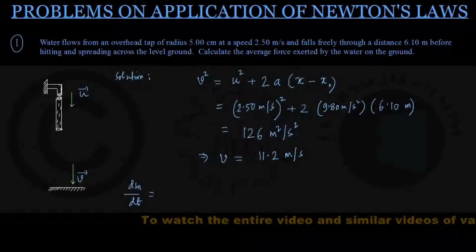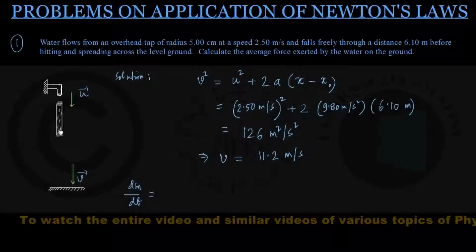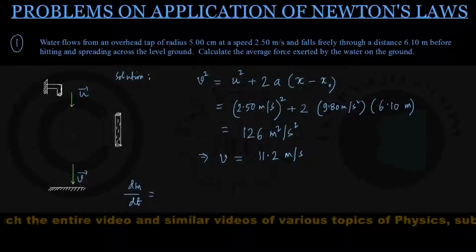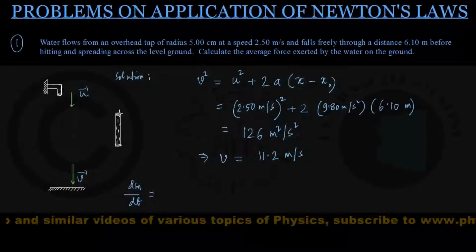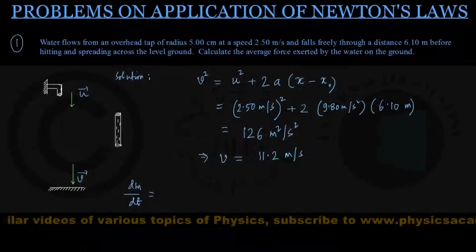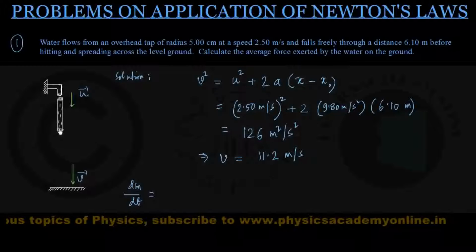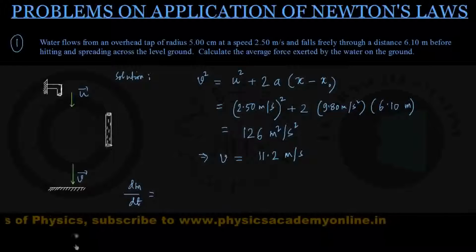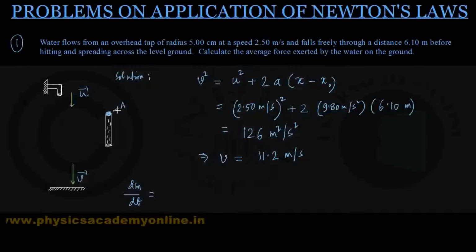And what is that mass per second? For that, I'll introduce a figure here. Look, I'm just showing this portion separately. Here we have to understand the cross-sectional area of the tap, because if I could fit this cylindrical body of water at the mouth of this tap, the cross-sectional area of the cylinder is, suppose we call it A, and that cross-section is the same as the cross-section of the mouth of the tap.